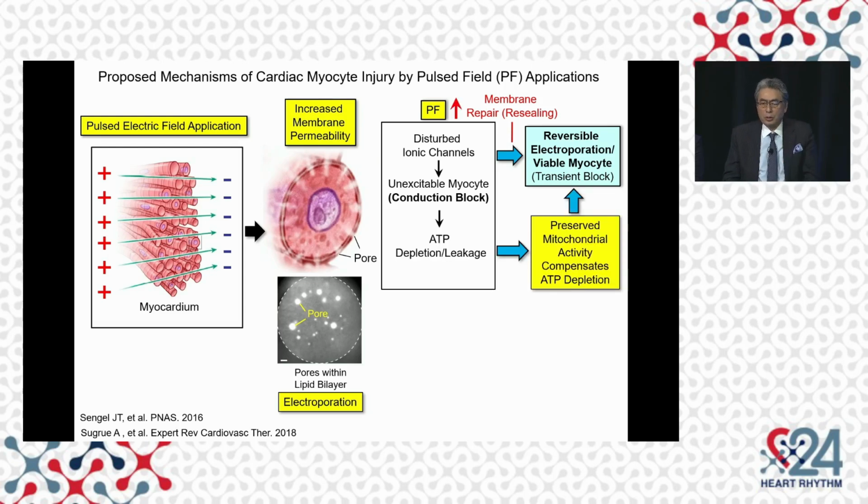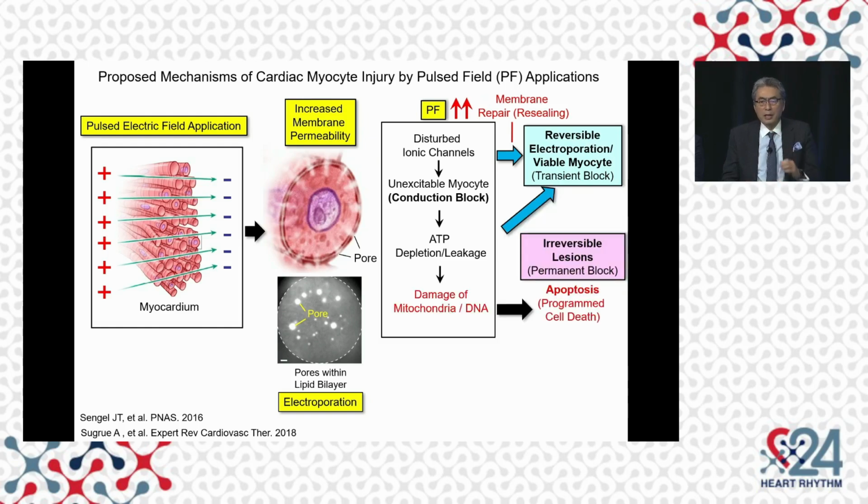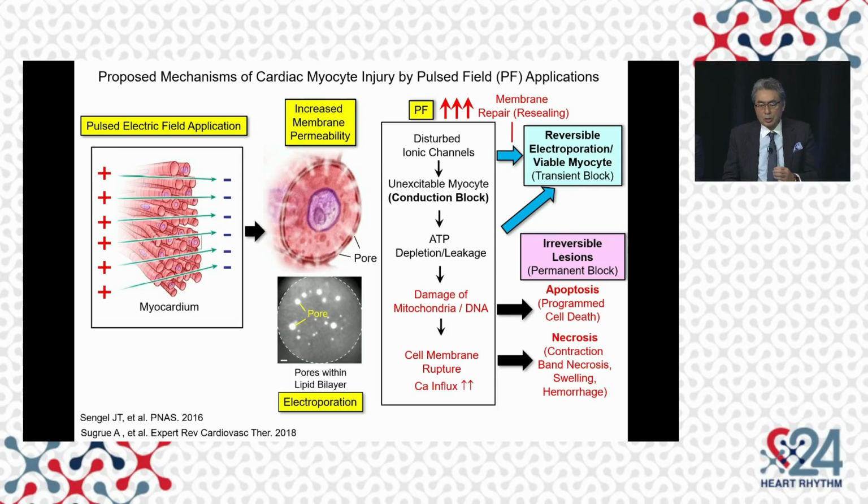Increasing the dosing, you make a greater poration, initiating ATP leakage, but as long as mitochondrial activity is preserved, it's still a transient conduction block. With further increased dosing, you damage the mitochondria and the DNA, initiating an irreversible lesion via the apoptotic pathway. Finally, with further increase, membrane rupture and calcium influx result in contraction band necrosis, swelling, and hemorrhage. It is complicated compared to RF's simple thermal injury.